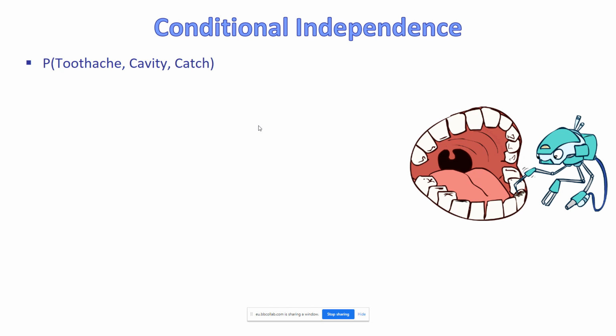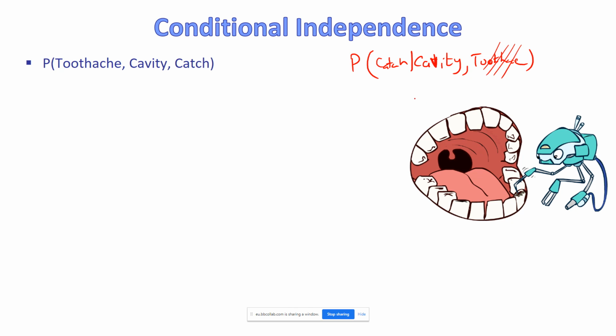Okay, so we can say that knowing catch, the fact that I know cavity is known, and toothache, then the probability of catch will not change if I just removed toothache.